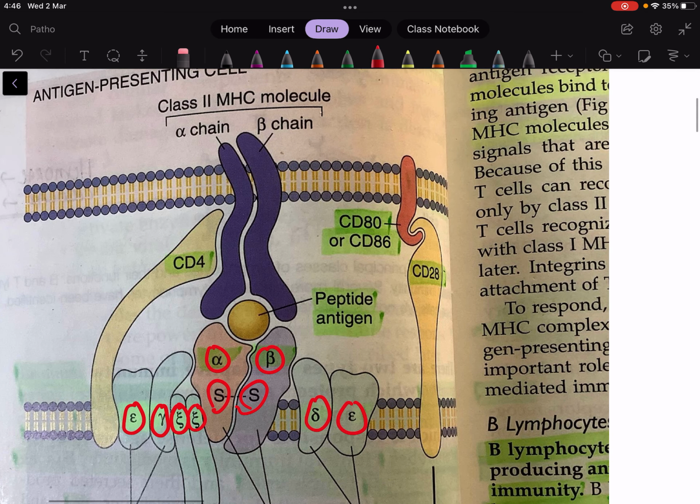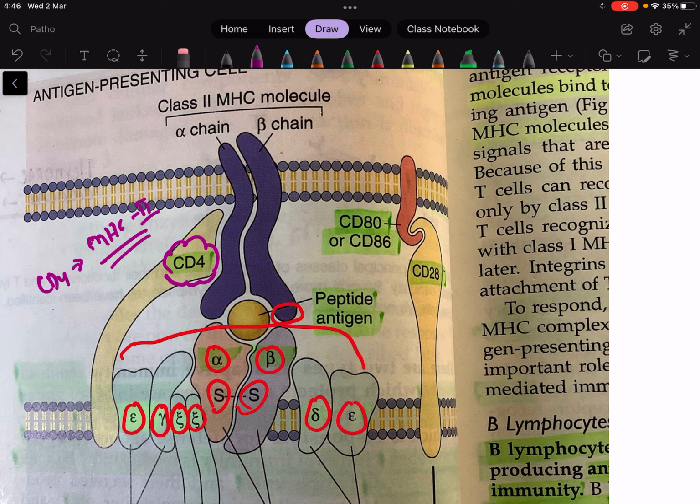Now as you can see here, not only is there a T cell receptor, this entire thing is a T cell receptor complex, it also consists of your CD4 positive receptor. Now I am going to ask a question. A CD4 positive T cell reacts with, yes, CD4 will react with the MHC type 2 antigen presenting cell.